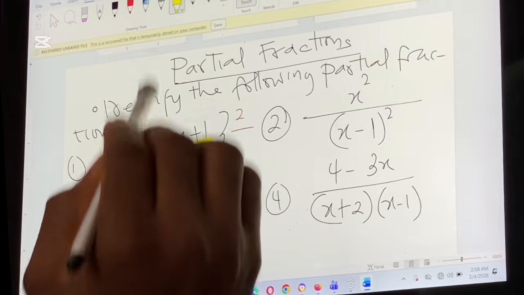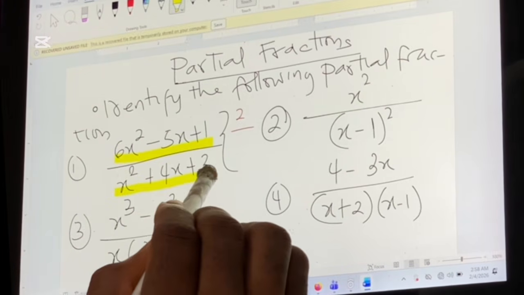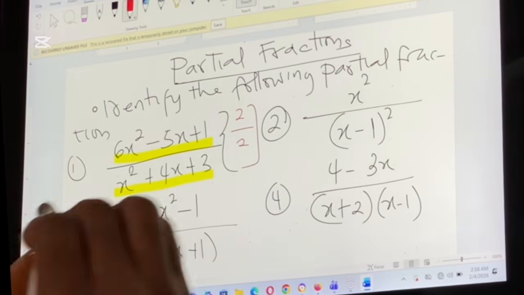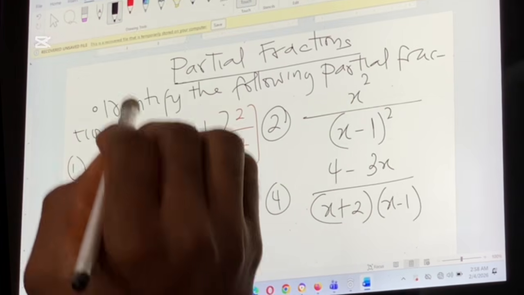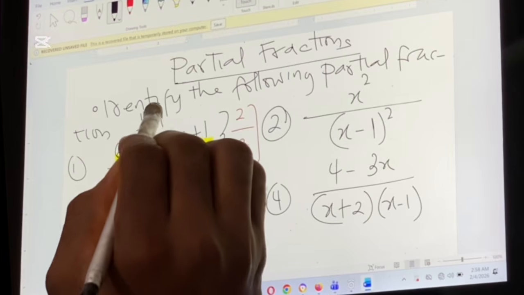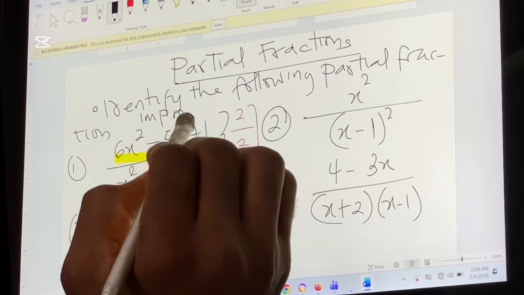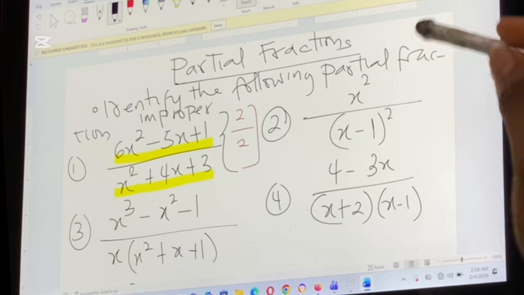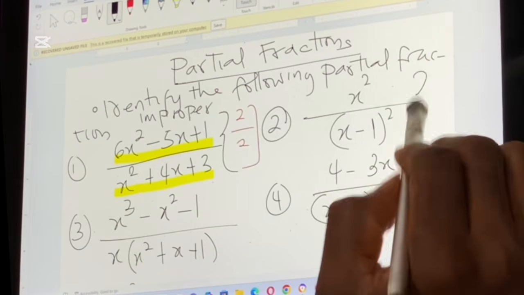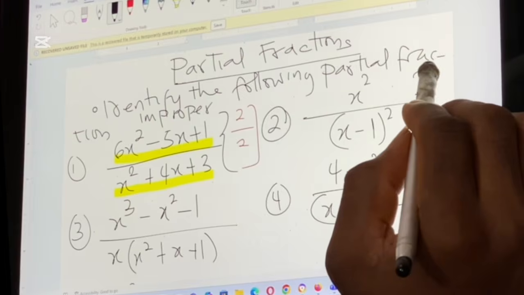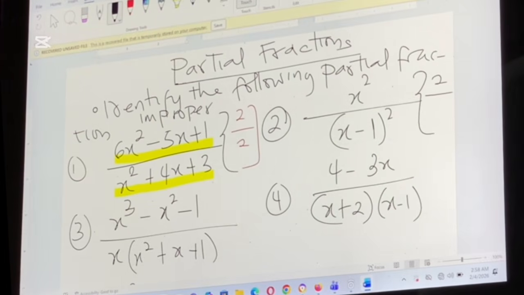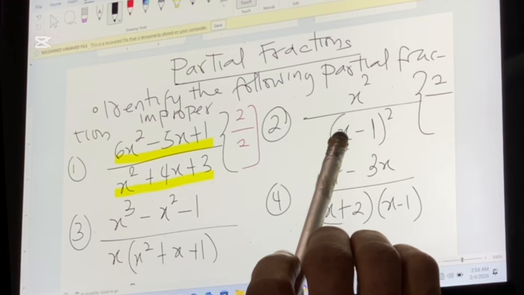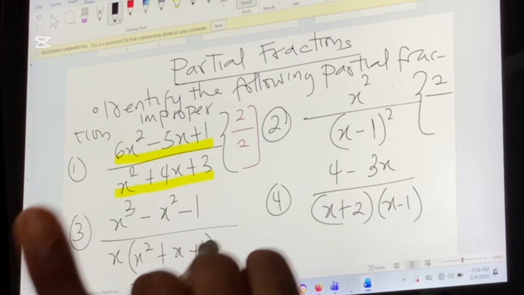The highest degree of s at the numerator is 2 over, remember? Now, the highest degree of s at the denominator is not 1.